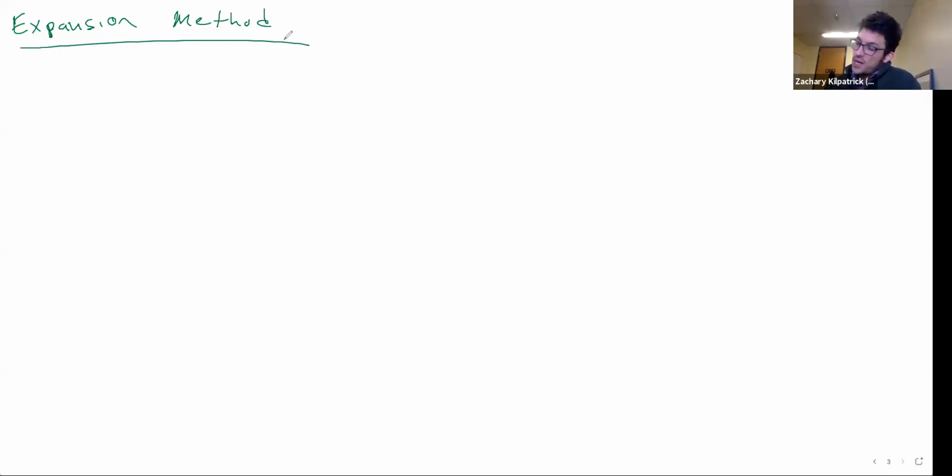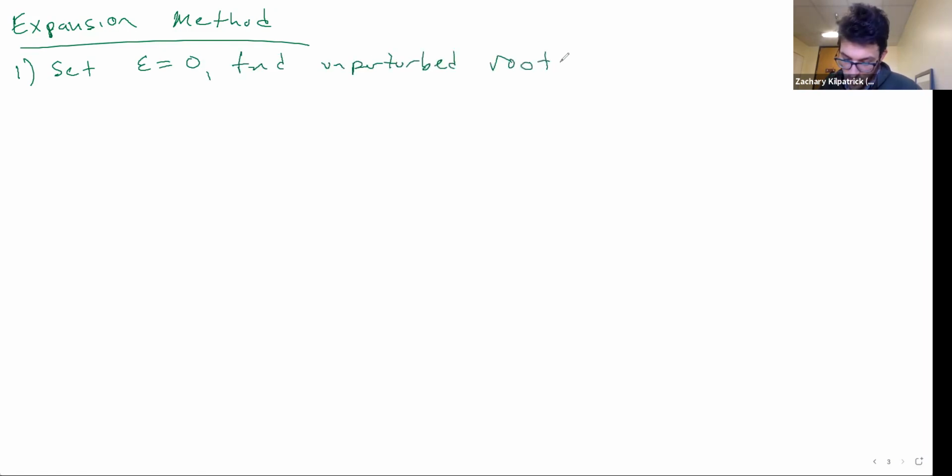Another method that you can try is what's called the expansion method. What is the expansion method? Let's talk through it. First part of the expansion method, we're going to set epsilon to 0, and we're going to find the unperturbed roots.